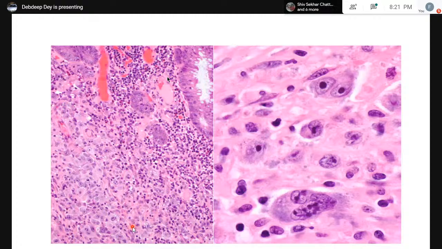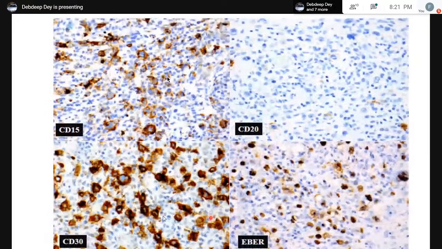So this is a very dense lymphoid infiltrate within which there are these very nice binuclear cells with prominent eosinophilic nucleoli. These are positive for CD30, positive for CD15, negative for CD20, and EBER is positive.